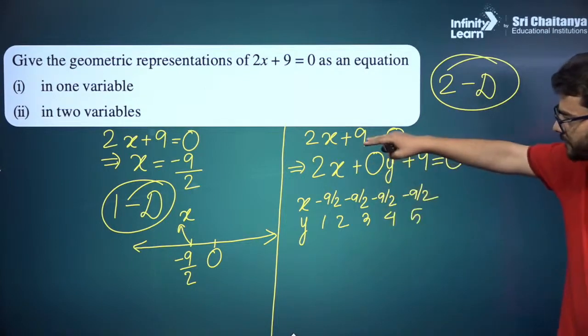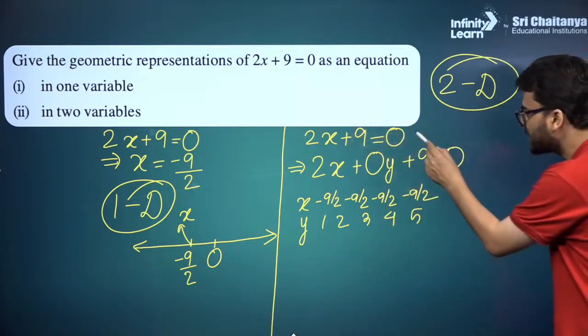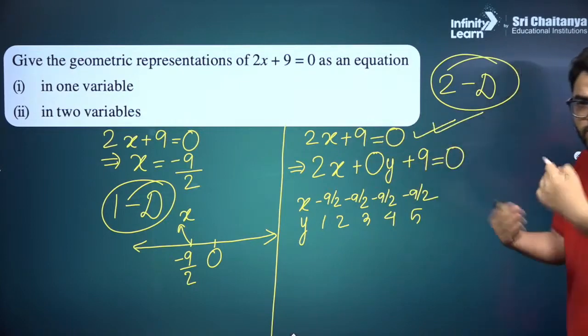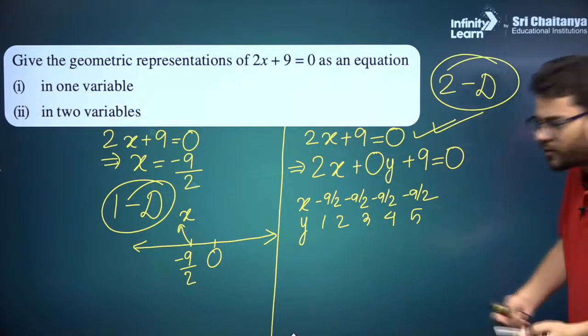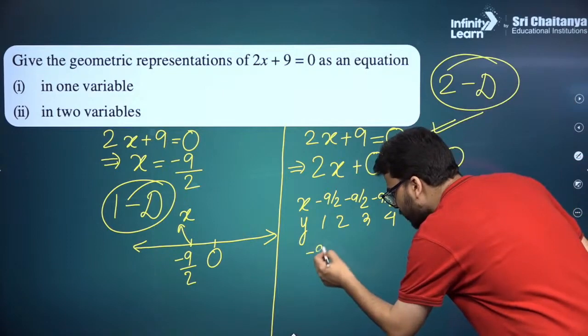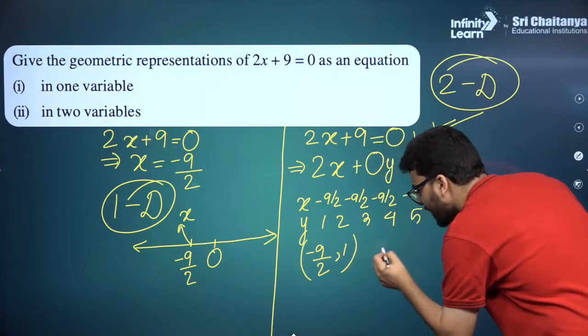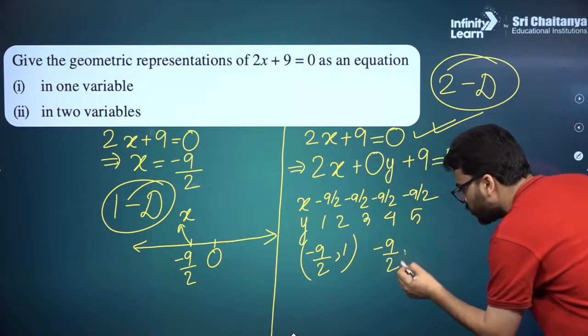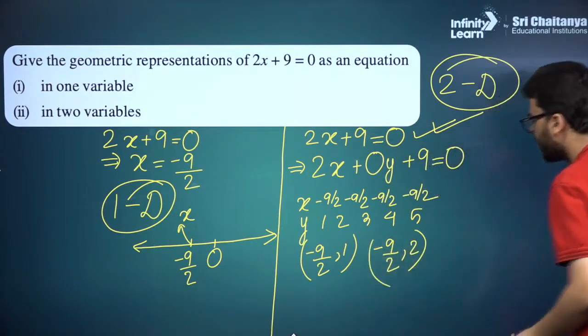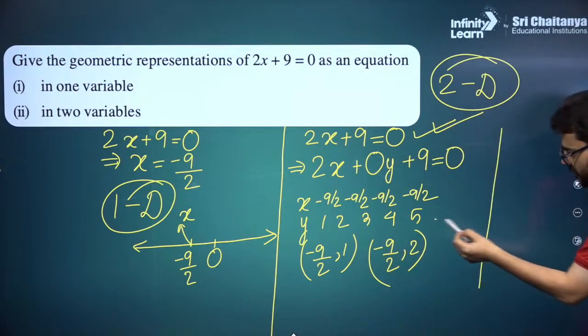So what can I say? If I want to draw the graph of this in two dimensions, when we talk about it as a linear equation in two variables, we have to join these points or not? Tell me. Minus 9 by 2 comma 1, or I can say minus 9 by 2 comma 2, and so on. Correct? So if you draw its graph, it will be somewhat like this.